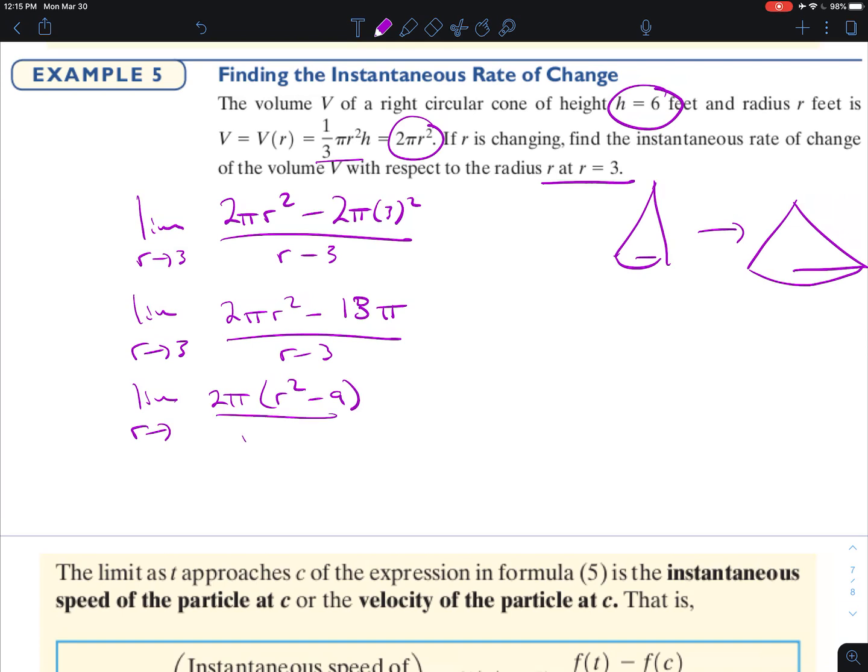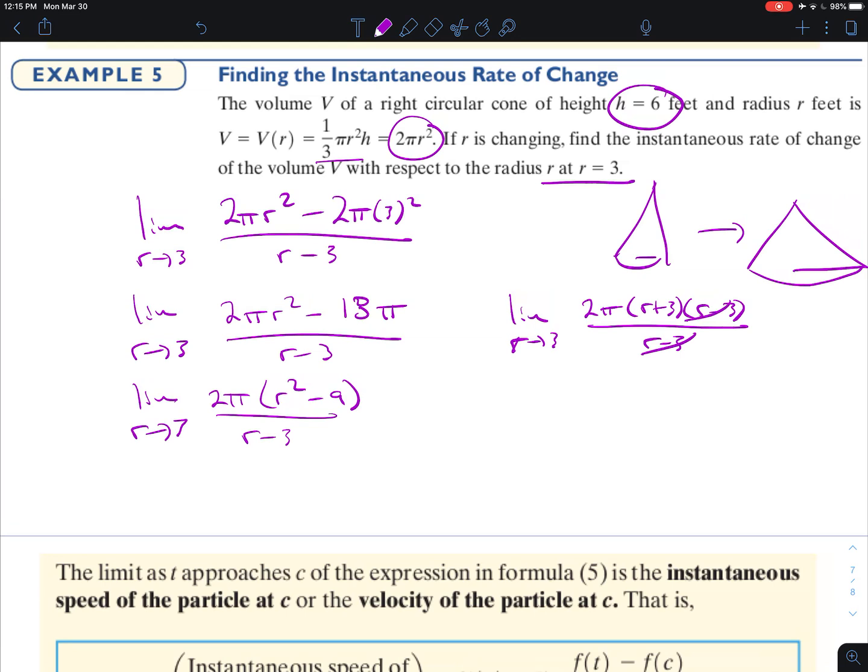I like that. That's going to leave me with the limit as r approaches 3 of 2 pi times r plus 3, r minus 3, a difference of two squares, and I get those to cancel.